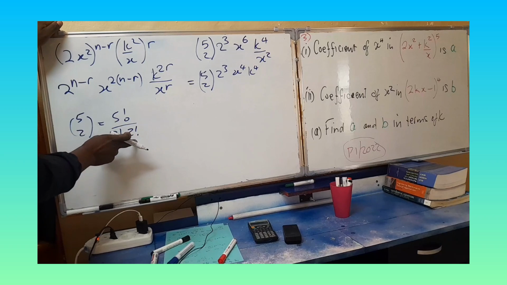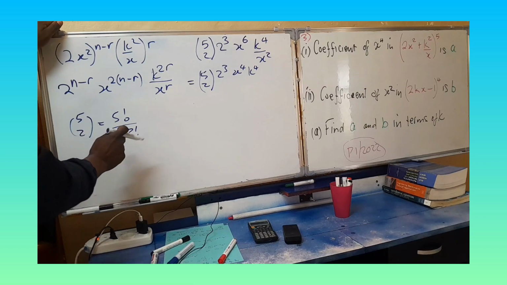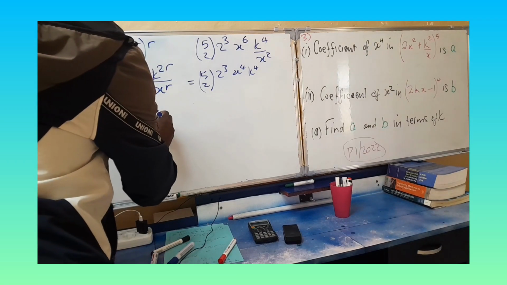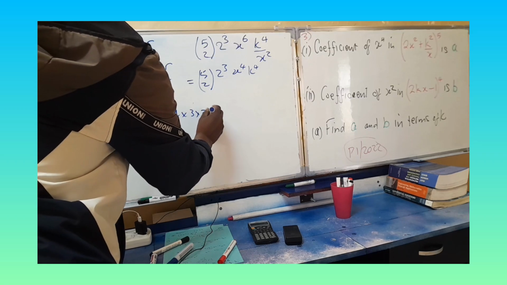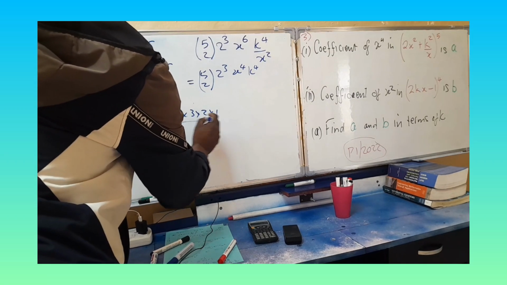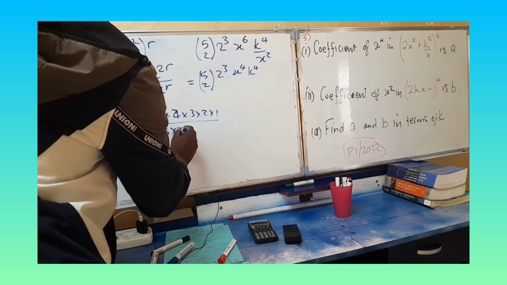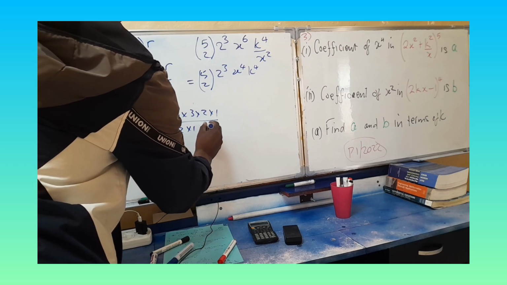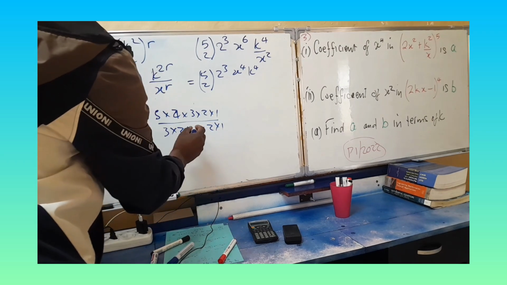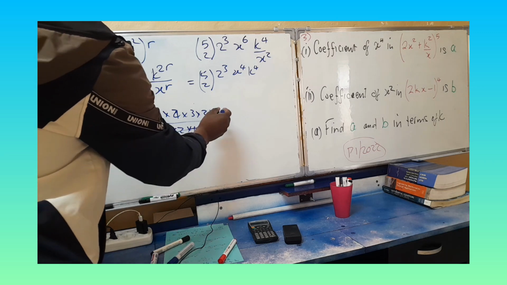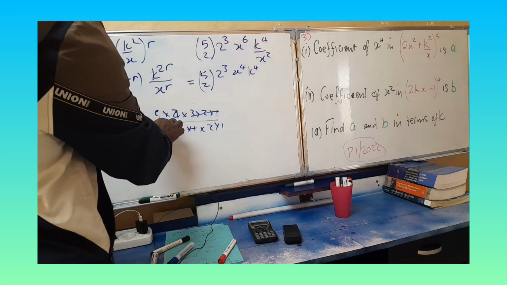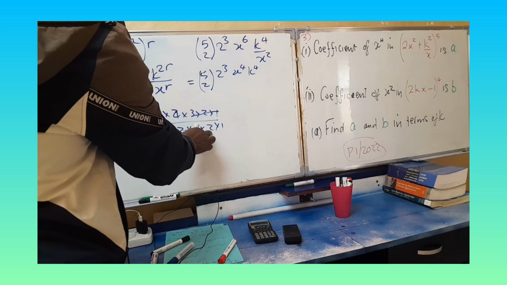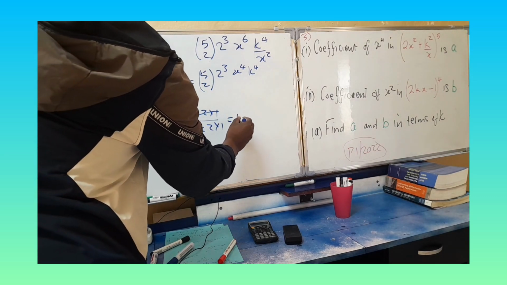And then, of course, the r factorial, which is 2. So we will have 5 times 4 times 3 times 2 times 1 divided by 3 times 2 times 1 times 2 times 1. So the 3 factorial here cancels that 3 factorial, and we are left with 5 times 4, which is 20, divided by 2, which is equal to 10.